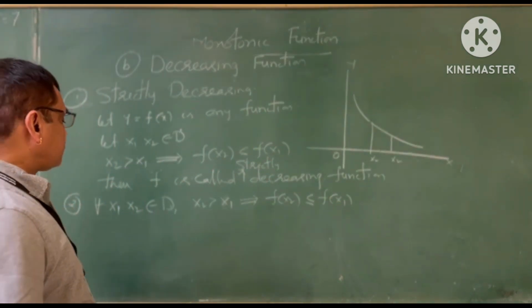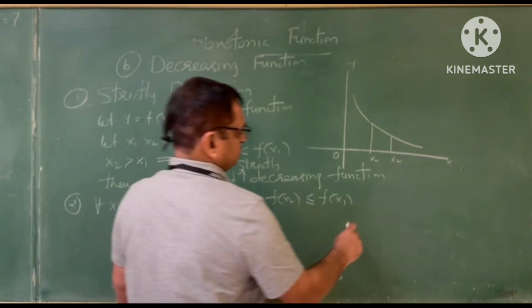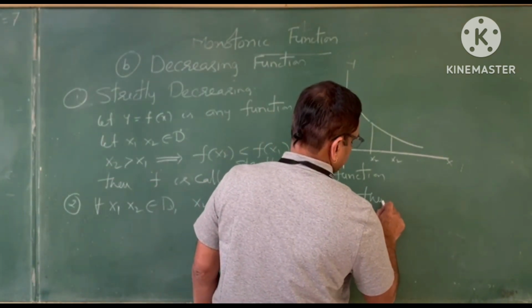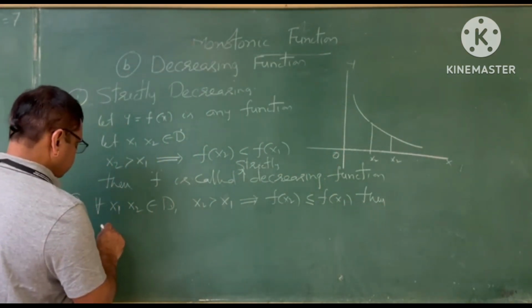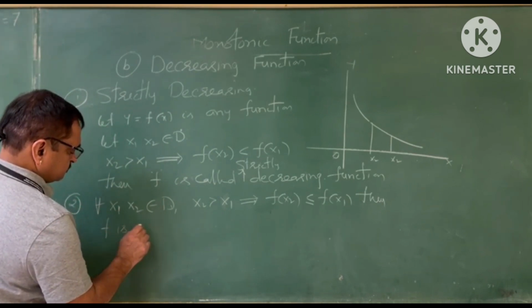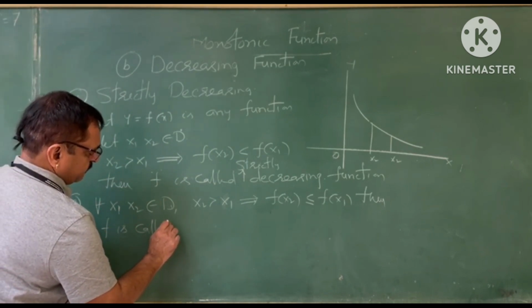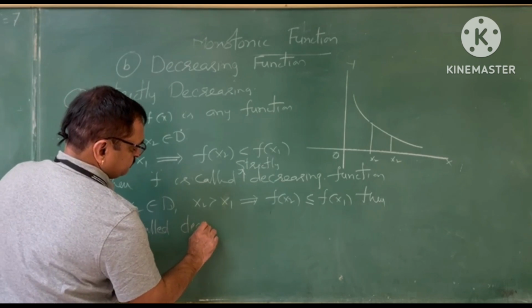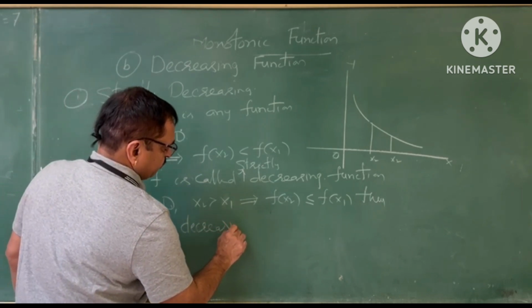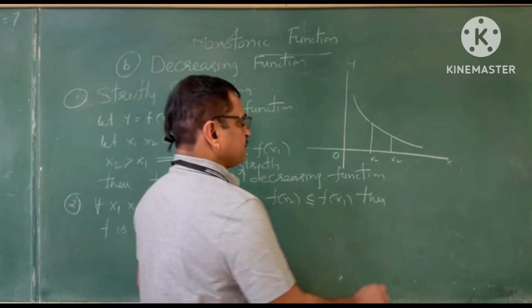Then such functions are called decreasing functions. Then f is called decreasing function. How does the graph look?